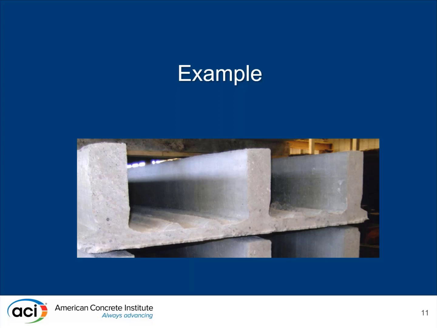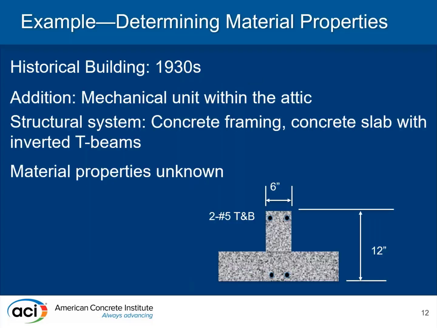So we'll start this presentation off with a few examples that illustrate some of the principles that Mike was talking about in Chapter 6 on assessment. And then we'll get into the Chapter 7 provisions, which is associated with the design criteria and information included in the code.